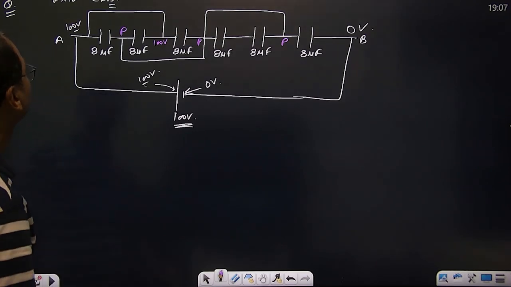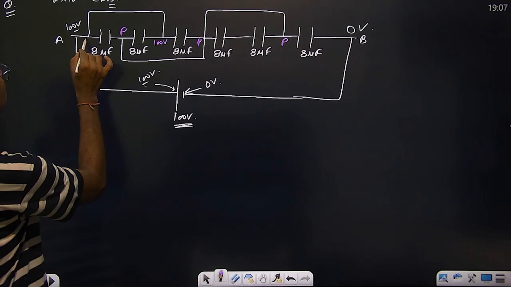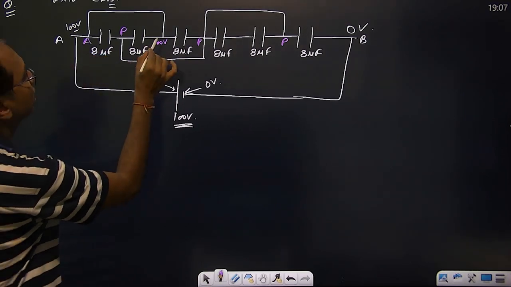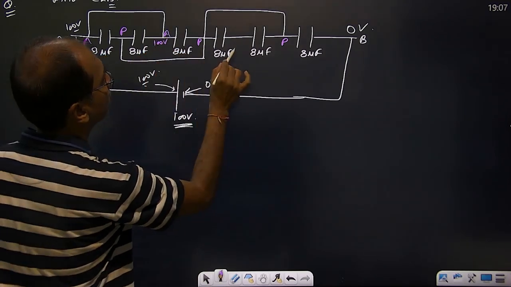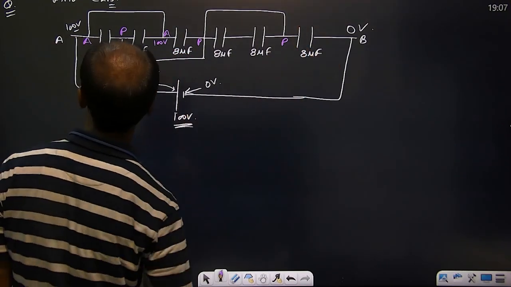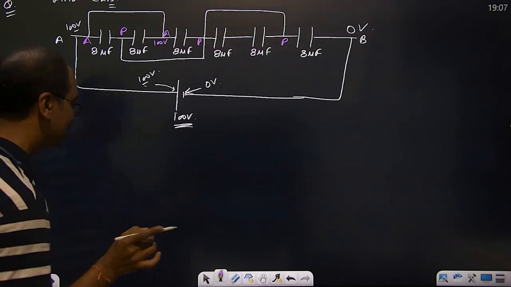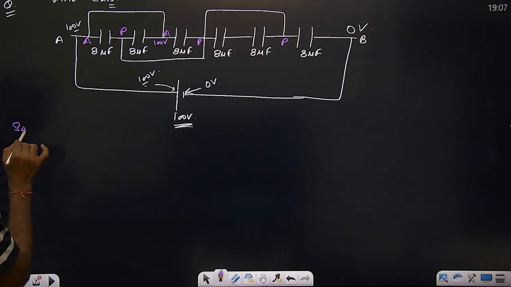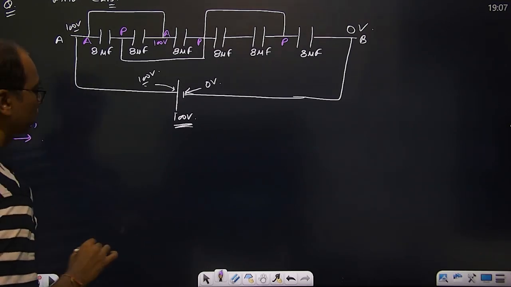Okay, let's see now. This is 100 volt, no? This is A actually. Let's say A. This is A, and everything else is B. So now I am going to redraw it. See now how to redraw. This is the A point.